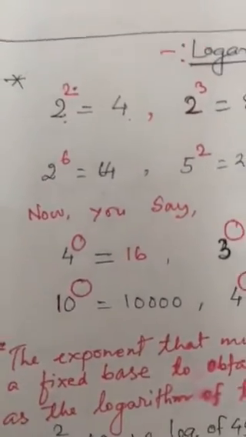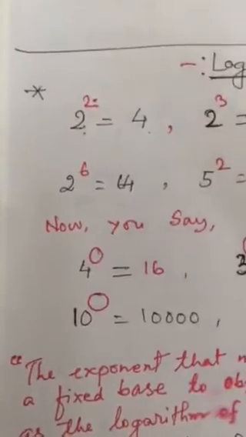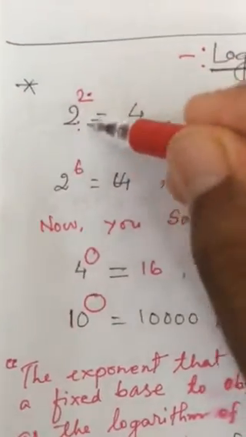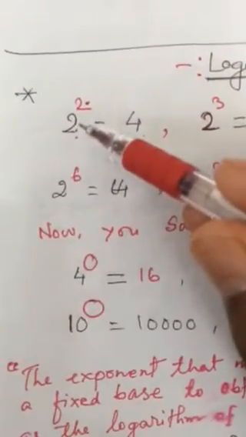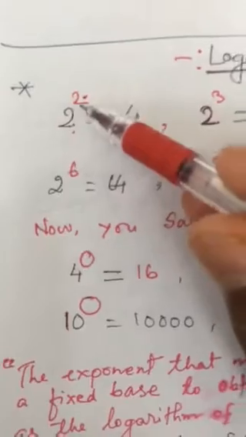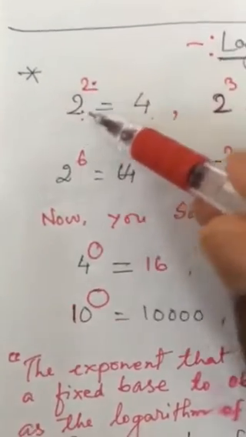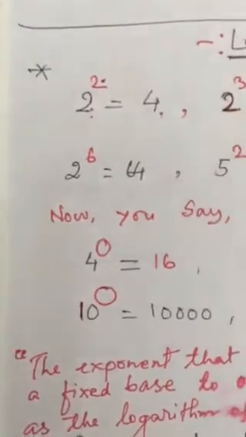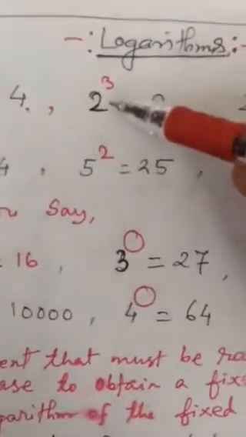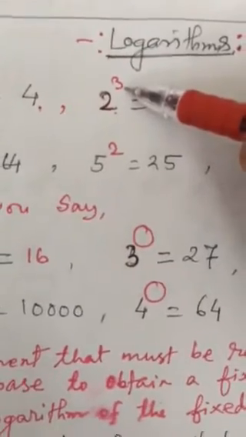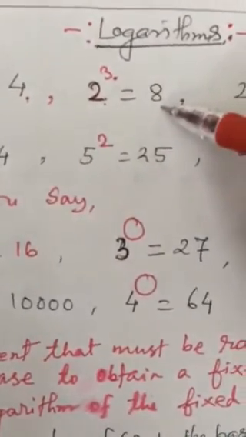While teaching indices I taught you the index form or index notation. So when 2 is raised to the power 2, the value comes 4. Similarly, when 2 is raised to the power 3, the value comes 8.